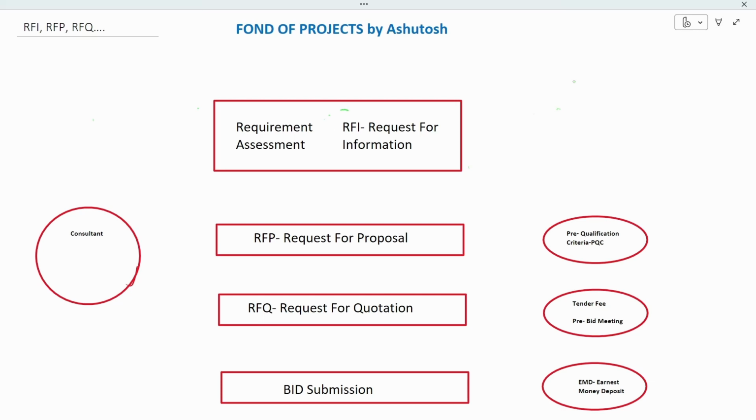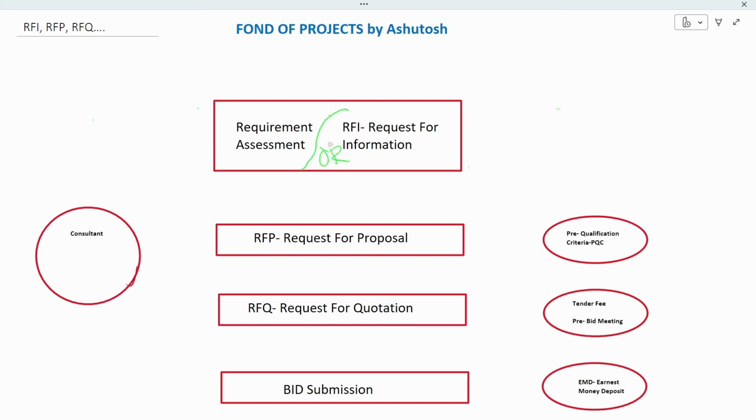And what would be the other option? The other option will be to float the RFI. RFI stands for request for information. This is a document which will be available on the portal of my organization, or I will publish an advertisement in the newspaper. In that document, I will mention that I need 7,000 clocks for my 7,000 branches.